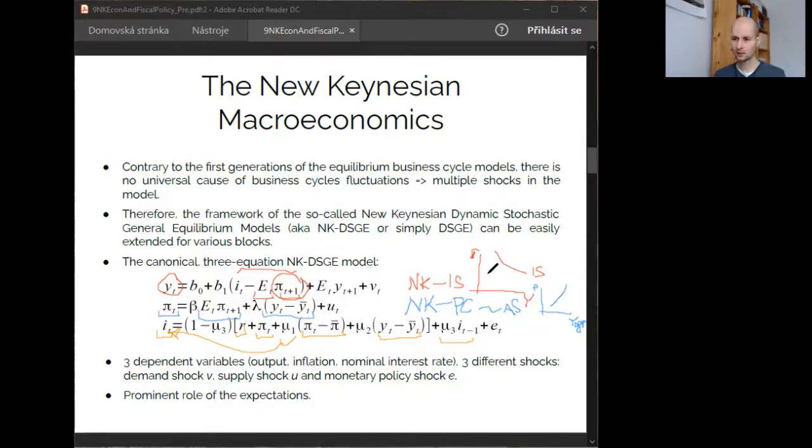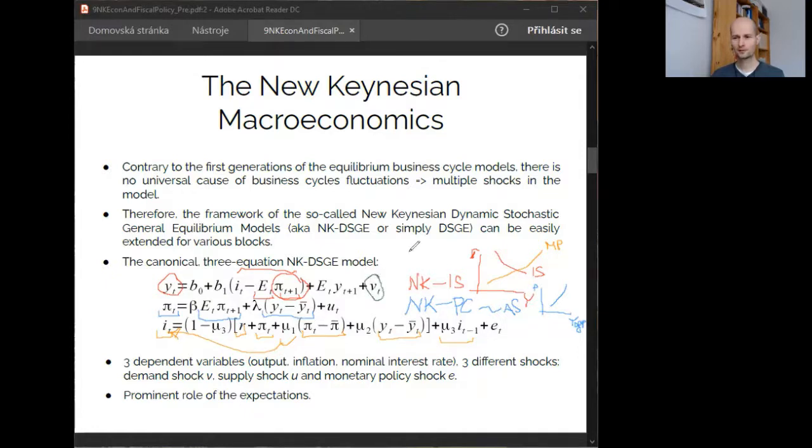And then we can include a new line here, and instead of having an ISLM plot, we have an ISMP plot. The implications in terms of fiscal and monetary policy are relatively similar to the baseline ISLM model. The main difference is here, however, in expectations. Furthermore, the other difference is that the model is derived from micro foundations, and the other difference is that the model explicitly accounts for several shocks.